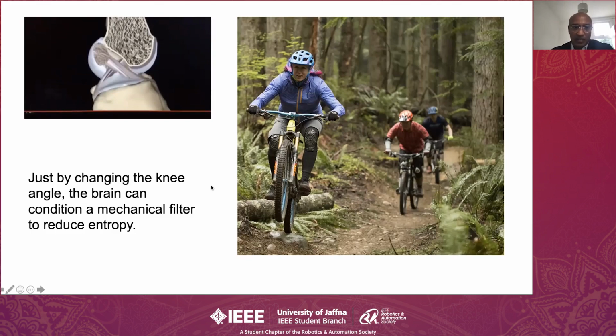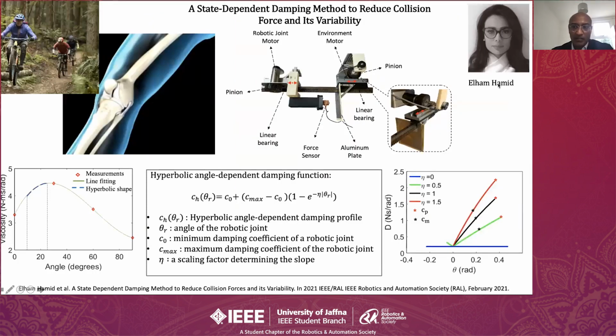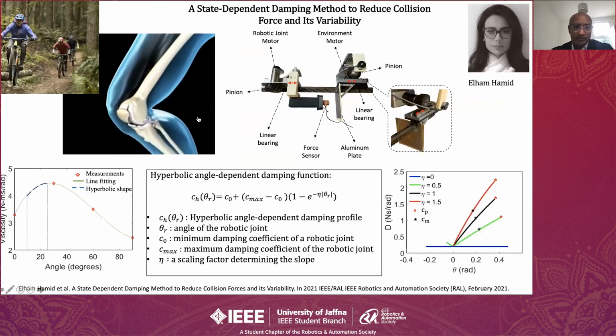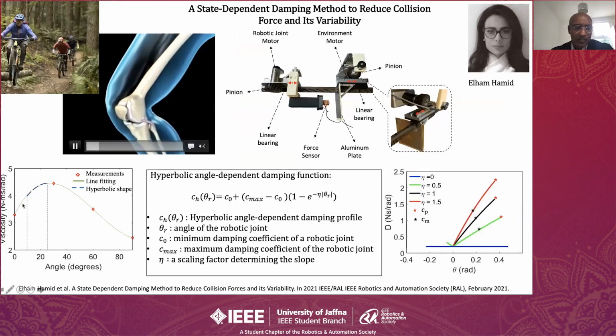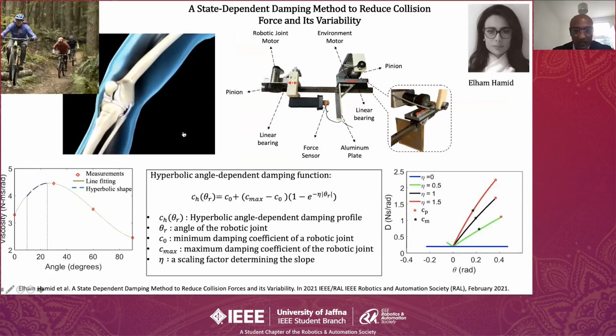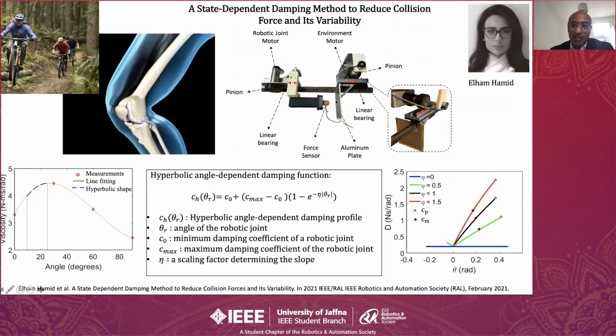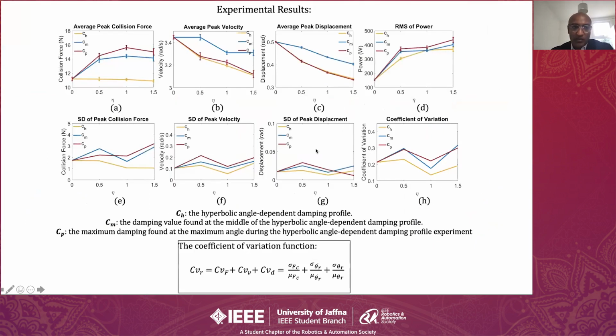And then a lot of our work, her PhD was about that. She found that there is this angle-dependent damper, and she implemented that kind of angle-dependent damper in a robotic knee joint, and she found that by doing so, the collision force can be reduced compared to a fixed damper.